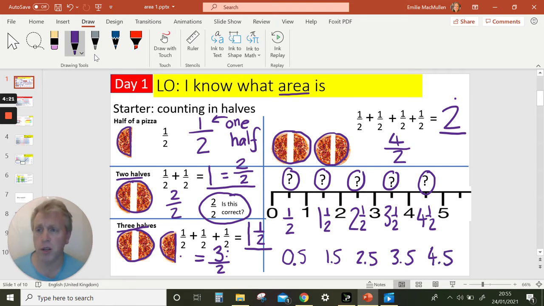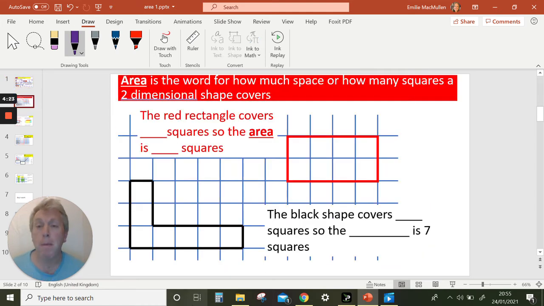Okay, that's going to be useful for us in our lesson, but we're learning about this very important word, area. I've underlined it here as well. Area. An area is just the word that means how much space or how many squares a 2-dimensional shape covers. So let's look at this red rectangle here.